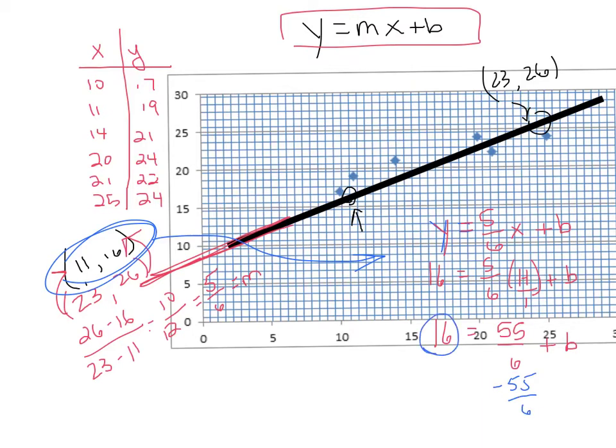I would turn 16 into sixths, so it's 96/6. Now, when we subtract 55/6 from the other side, it's easy to do as a fraction. So we get b is equal to 41/6. Great. Last step, let's go ahead and rewrite the equation. Our slope, 5/6 x + 41/6. We're done.